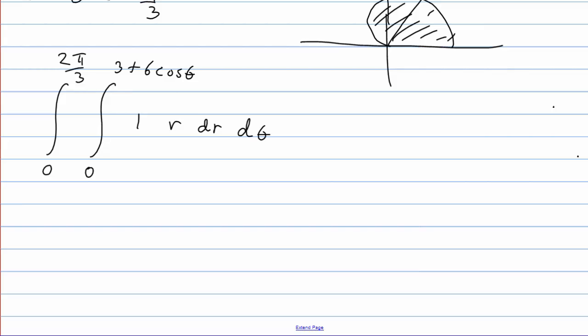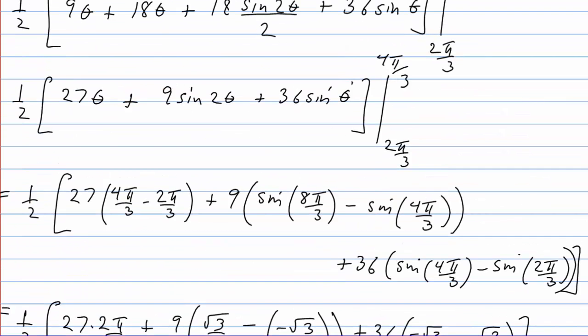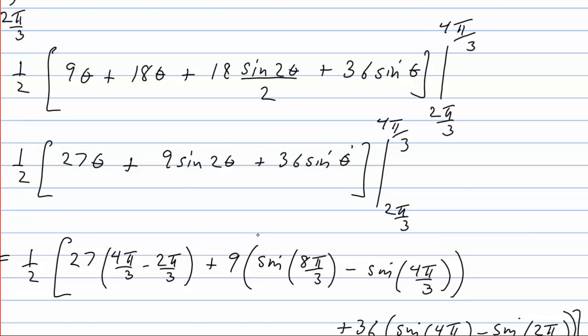Now, we can save ourselves a little bit of work, because this looks exactly like what we did a little bit ago, except the theta bounds are slightly different. The inner integral in terms of r is exactly the same as what we did right here.